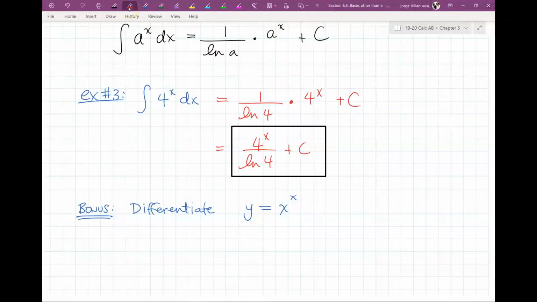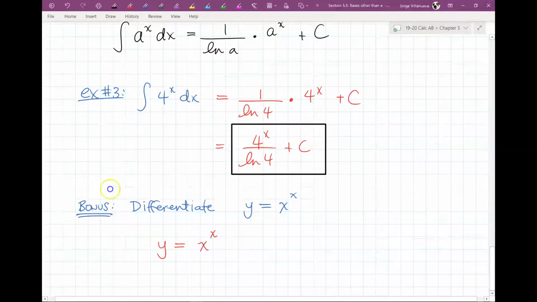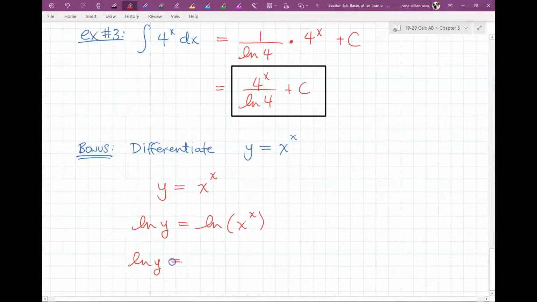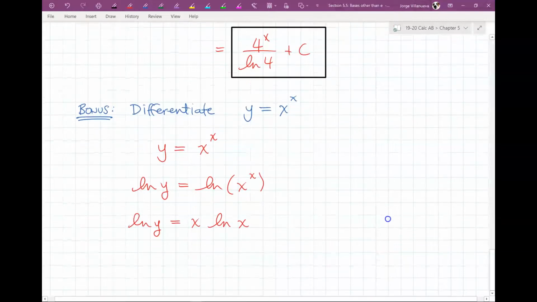Natural logs, right? So we start off with y equals x to the x. And we're going to introduce a natural log to both sides. So ln of y equals ln of x to the x. Now, ln of y is going to stay the same for now, but this is x times ln of x. Okay?